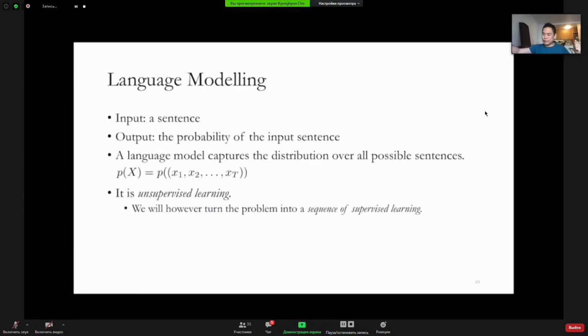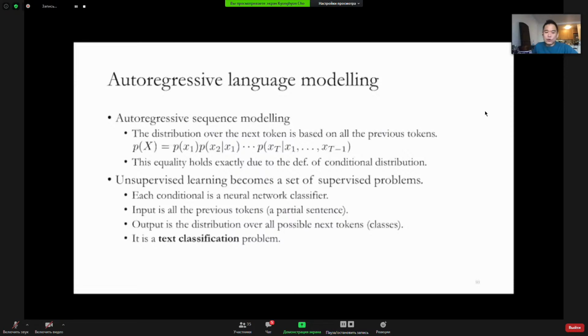So it's a pretty big space. So how are we going to solve this problem? It turned out that one of the most effective ways to do so, and even efficient as well, is to turn this problem of unsupervised learning into a sequence of supervised learning. And in doing so, we end up following the paradigm called autoregressive modeling, which I believe you may have already learned about from the various lectures during this summer.